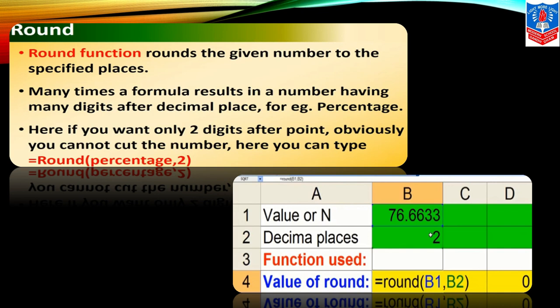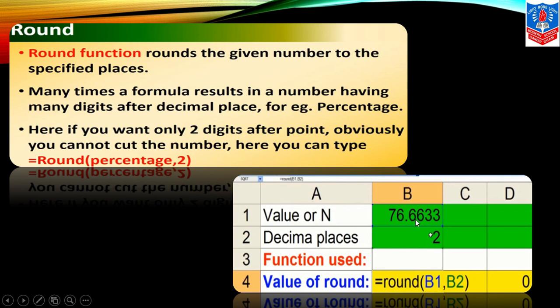So see the example. The value of n is 76.6633. Decimal places, what are we writing over here? 2. The function used is =ROUND(B1, B2).